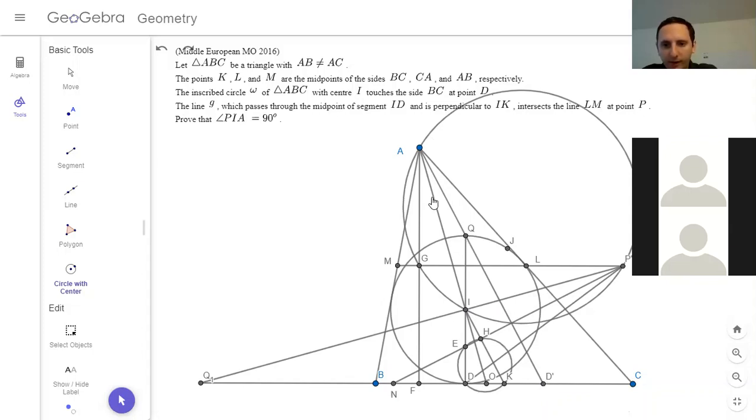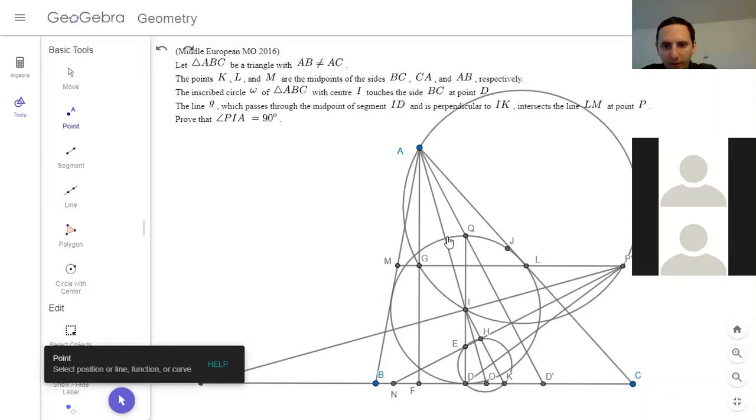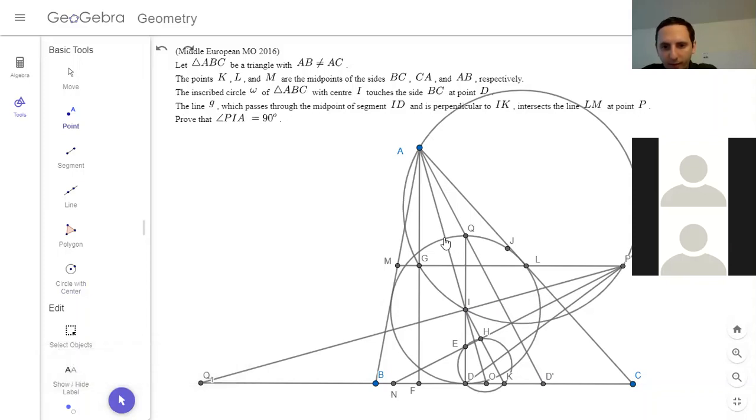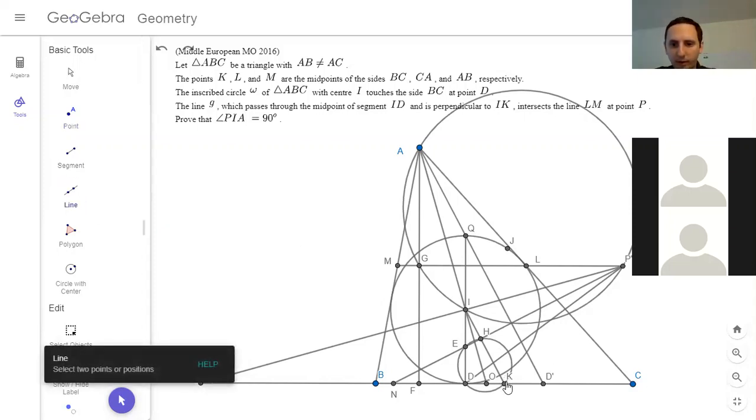What if I draw this point? Kind of making a few guesses here. We want to show IK is perpendicular to P prime E. Can we make IK, I mean, IK could be a median, right?